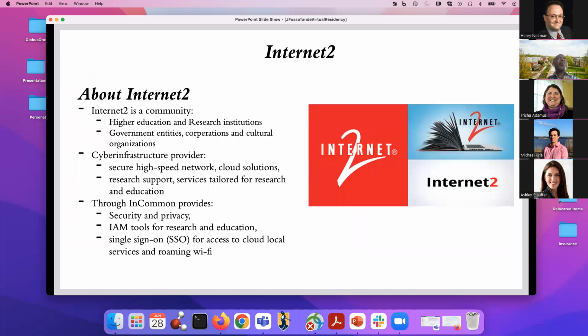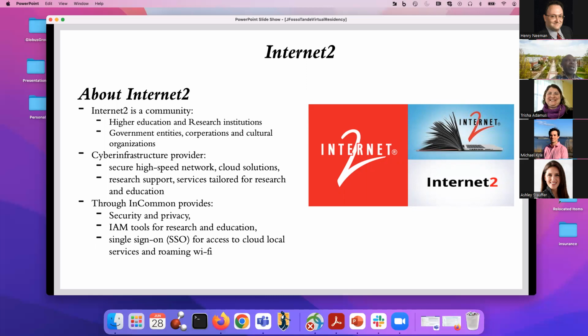Another important organization is Internet2, which we are probably all familiar with. Internet2 is a community made up of higher education and research institutions, government entities, corporations, and cultural organizations. It is a cyberinfrastructure service provider, negotiating with others to help the members of their community.